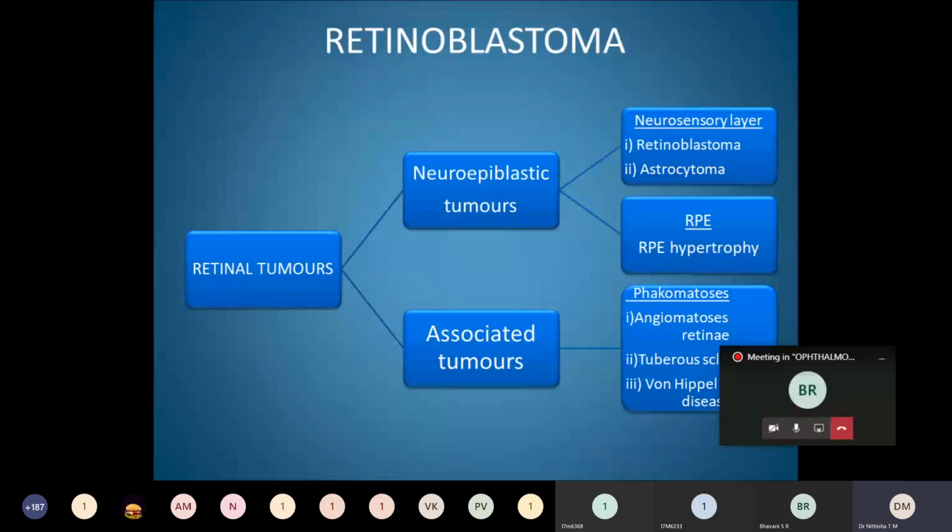Retinal tumors are divided into neuroepithelial tumors and associated tumors. Neuroepithelial tumors: the neurosensory layer involves retinoblastoma and astrocytoma, and the RPE layer involves RPE hypertrophy. Phakomatosis includes angiomatosis, retinal tuberous sclerosis, and von Hippel's disease.